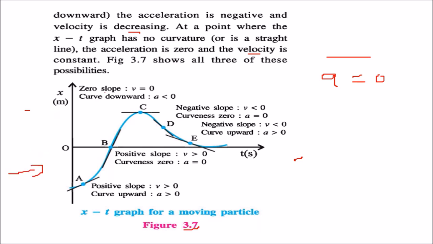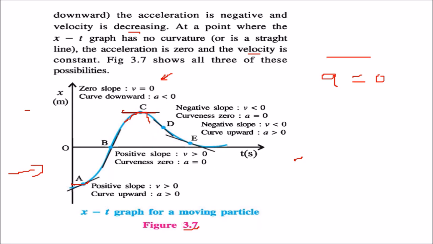When we have concave up, with a positive slope, v is greater than 0 and acceleration is greater than 0. Always, positive slope means velocity is greater than 0, and the curvature is 0 because it is a straight line. If you are getting a straight line, then a is equal to 0.